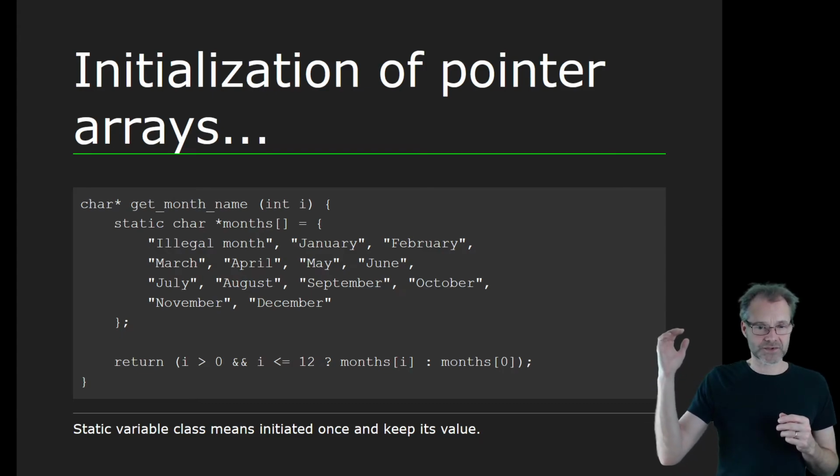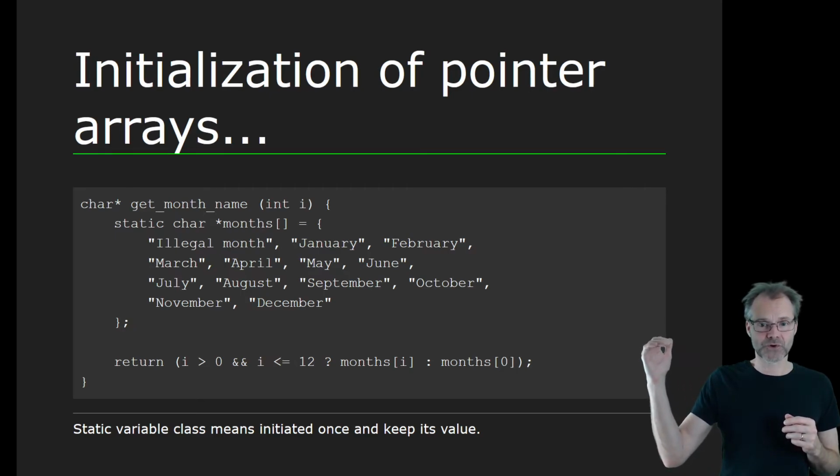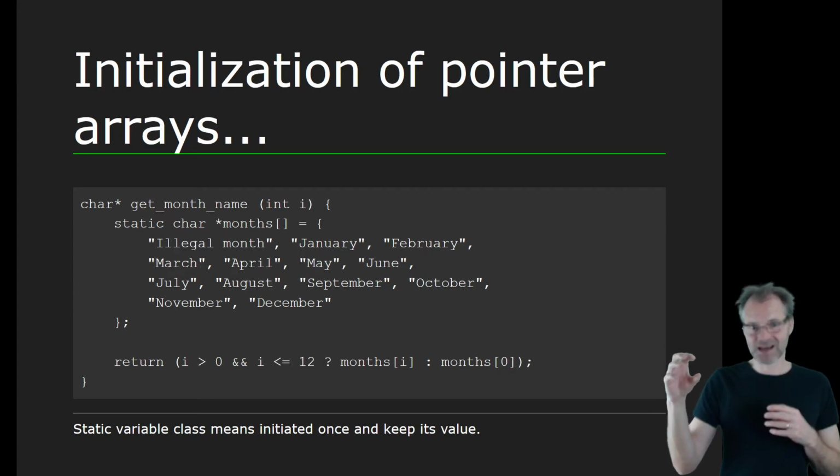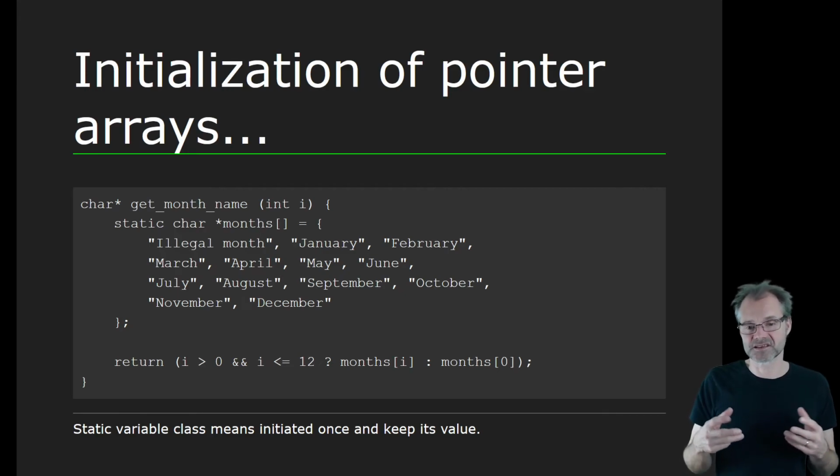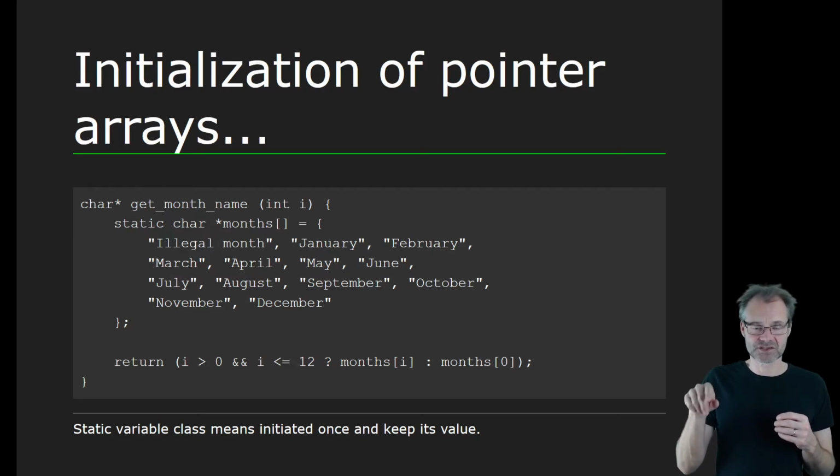I'm starting with illegal month at position 0, then January at position 1, February at position 2. This is nice, because I'm going to have all the valid months at the actual position in this array. So it's going to be easy when someone sends in integer 7. I'm just going to point out months 7 and I will get the correct month name.